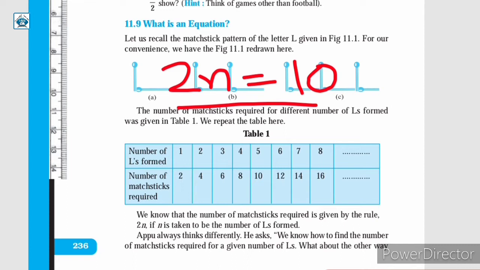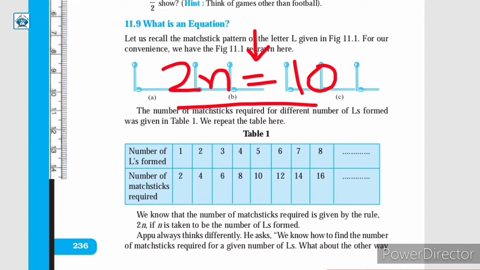So we have a condition to be satisfied by the variable n, and this condition is an example of an equation क्योंकि यहाँ पर equal to का sign है. So this symbol of equality means that we have an equation. So the equation is only satisfied by a definite value of the variable n. Here what is the meaning of satisfied?